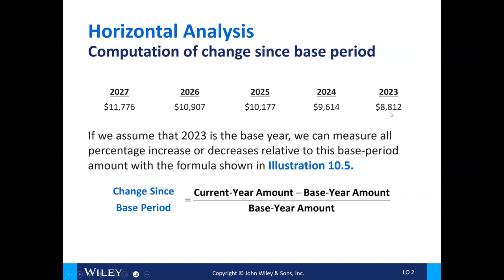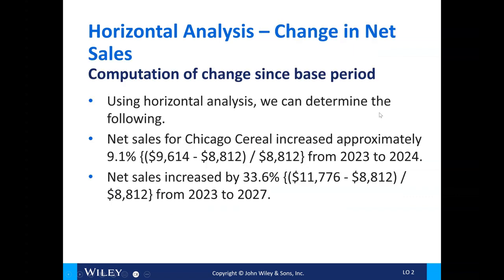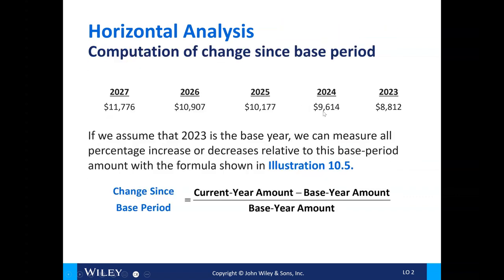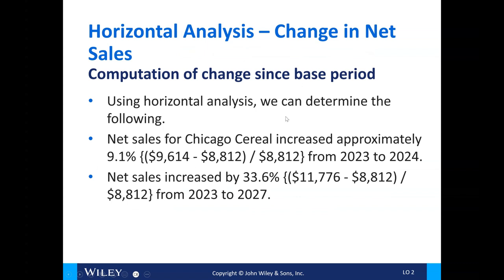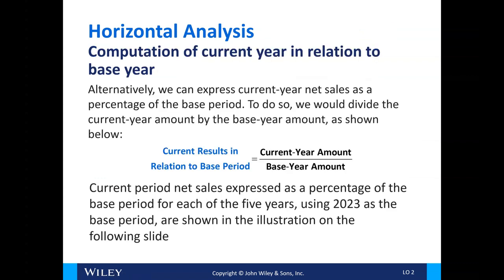So in 2023, that's our base year, and so you can see how much that changes. Net sales increased by 33.6% from 2023 to 2027. Not too bad in 4 years. That's not bad. Of course, as I mentioned, the stock I was just talking about, NVIDIA, they had profit that was twice what they made the prior year. So that's pretty good.